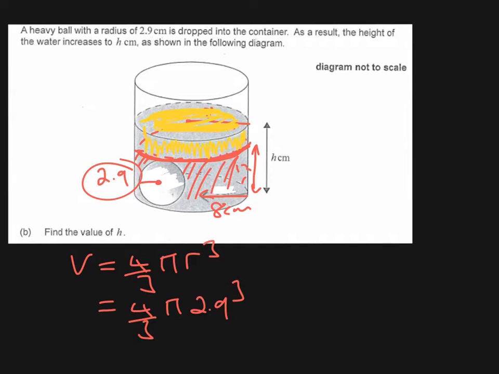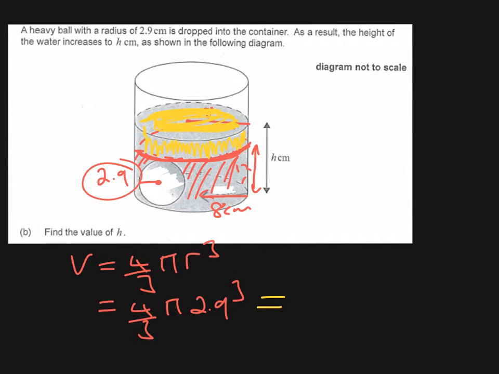So we have said that the amount of water that is forced up into this yellow area will have the same volume as the volume of the sphere. So we can work out that volume of the sphere, and we know that that's going to be equal to this top slice of the cylinder here.